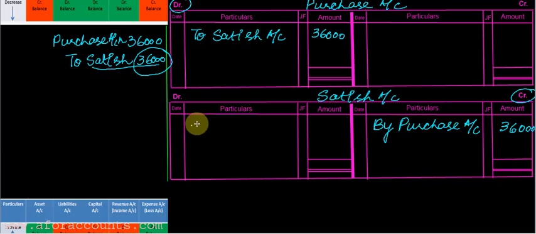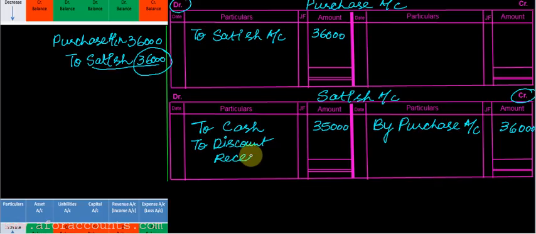Satish account debit to cash 35,000 to discount received 1,000. See, 36,000, 35 plus 1, 36,000. This is done.